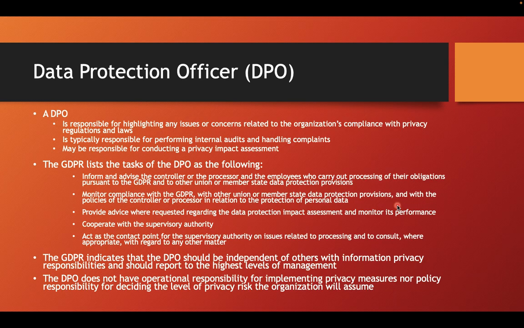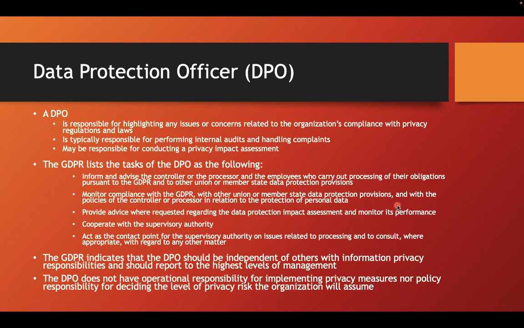Then you have to also be able to act as the contact point for the supervisory authority on issues related to processing and consult, okay, where appropriate, and any regard has to be given to any subject matter as it arises. Then the General Data Protection Regulation indicates that the DPO should be independent of others with information privacy responsibilities.